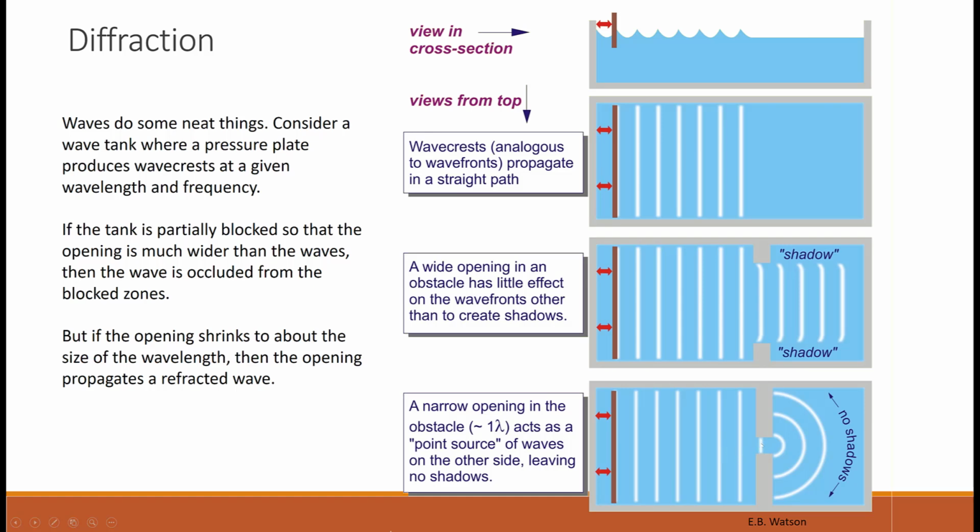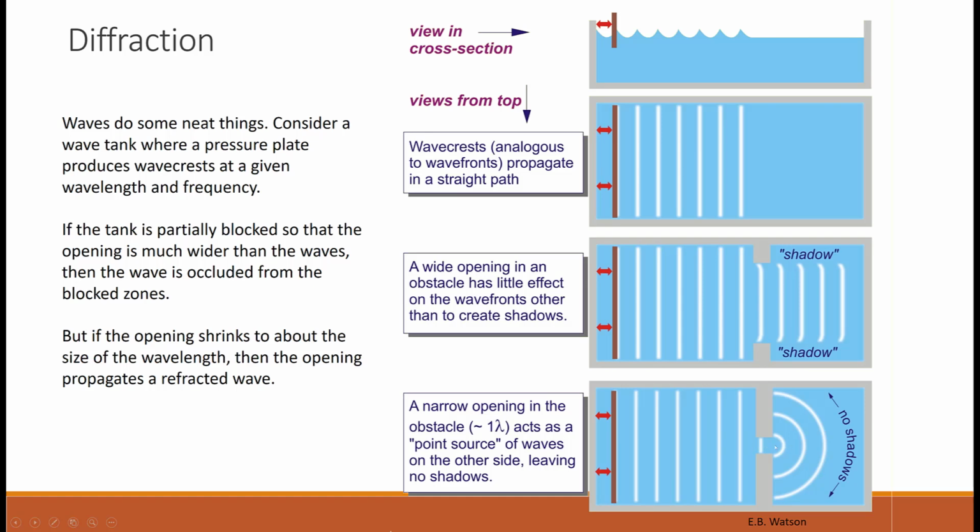If your opening is about the same size as the wavelength, then when the wave enters the opening, it propagates a new wave, a semi-circular wave in this instance, and doesn't permit any shadowing. So no shadows are being produced at this point.